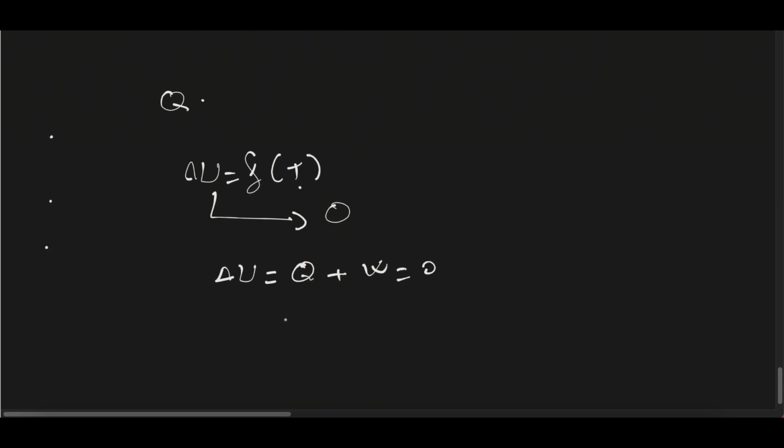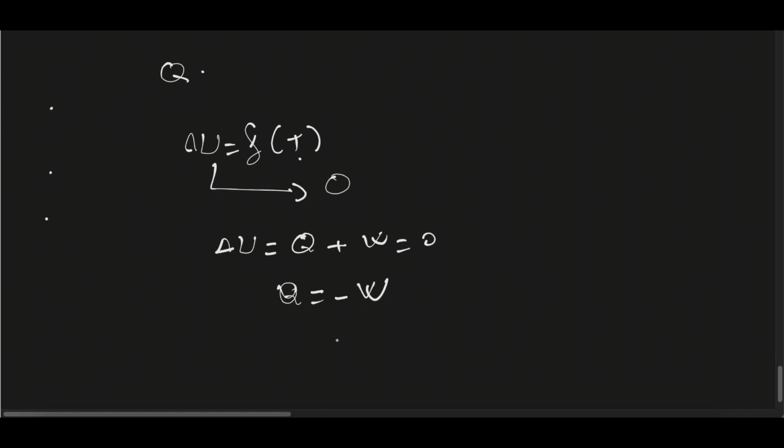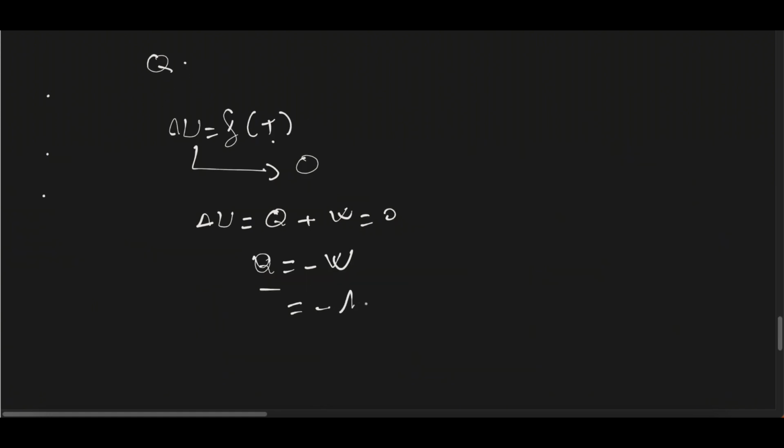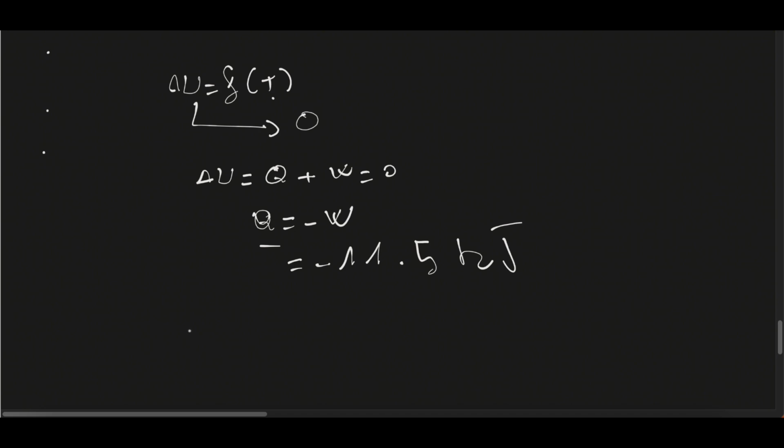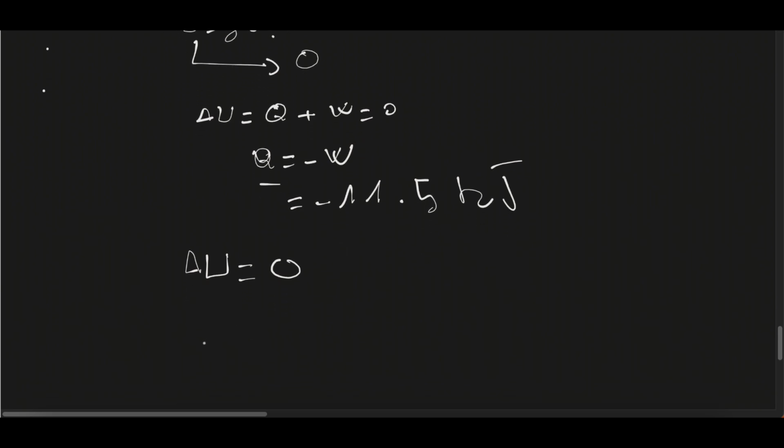And therefore, the value of heat is equal, when it is isothermal, to negative work, which is equal to minus 11.5 kilojoules. And the change in internal energy for an isothermal change is equal to 0, because it is a function of only temperature, and the same thing with the change in enthalpy. Both are equal to 0.